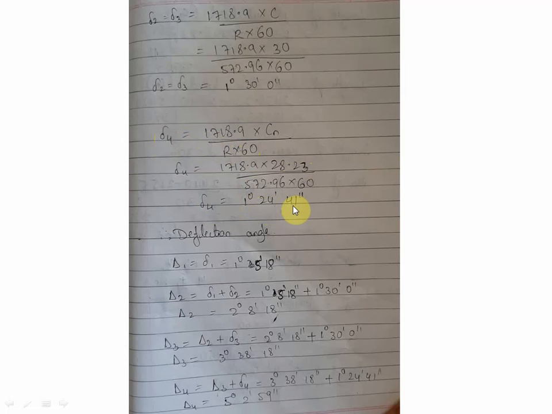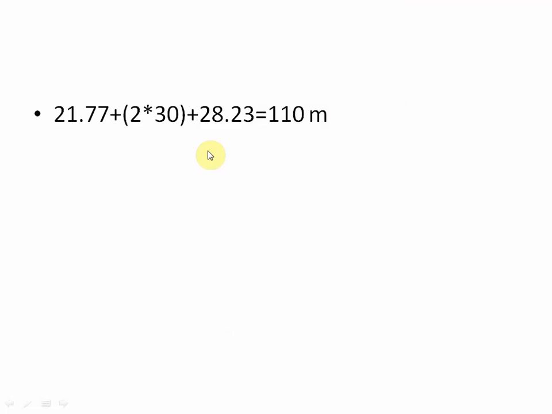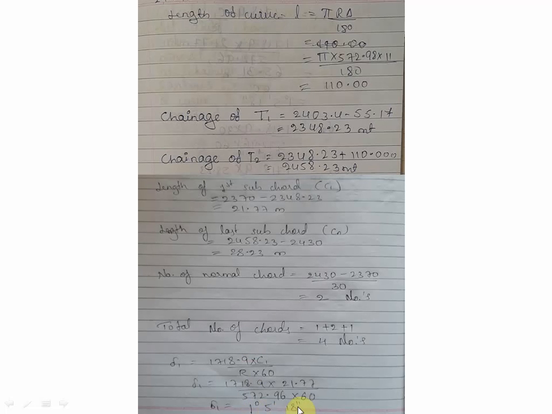Okay, deflection angle. If you are not getting it, in the previous problem, problem 1, I calculated it directly in the table. So if you are not getting it, see through this, I have calculated it here separately. So total deflection angle 1 is equal to tangential angle 1, that is 1 degree 5 minutes 18 seconds.